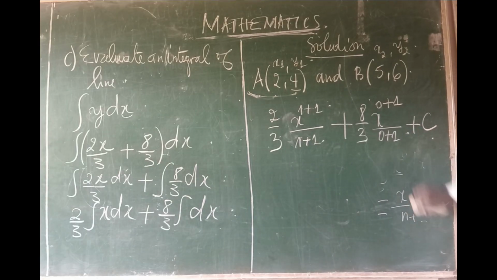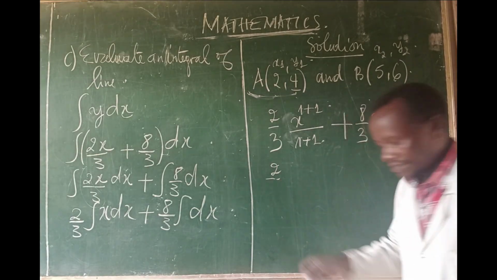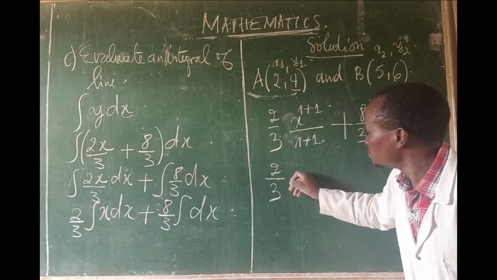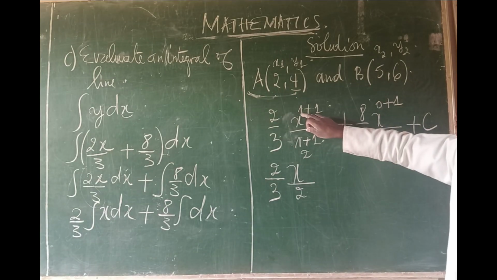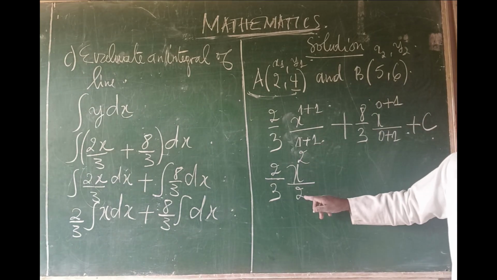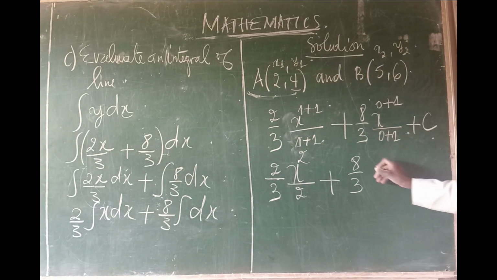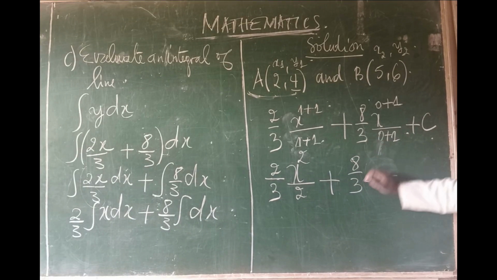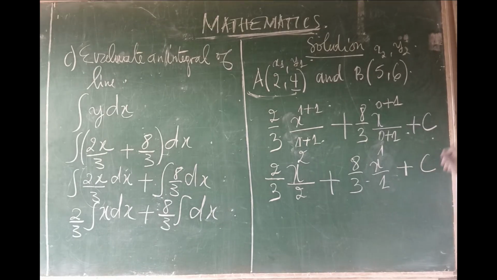Are we together? So now, the next, we should have 2 over 3 times x to the power 1 plus 1, which is x squared over 1 plus 1, which is 2, plus 8 over 3 times x, where 0 plus 1 remains 1, so x to the power 1 over 1, plus constant c.